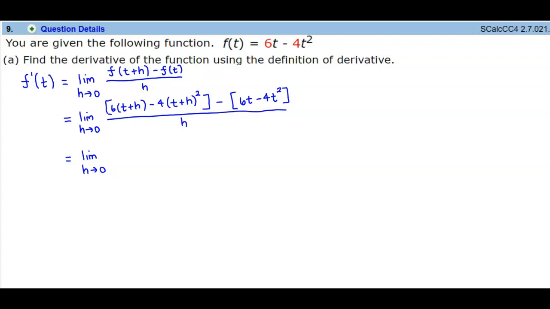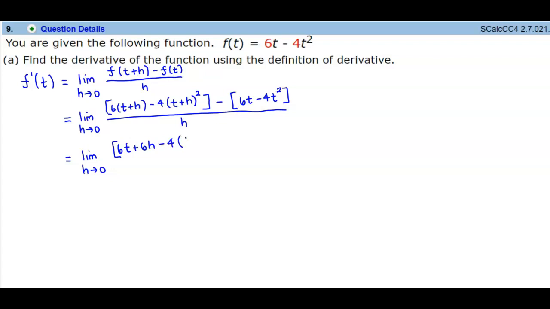So if we distribute the 6, we get 6t plus 6h minus 4, and now this is the sum of squares.